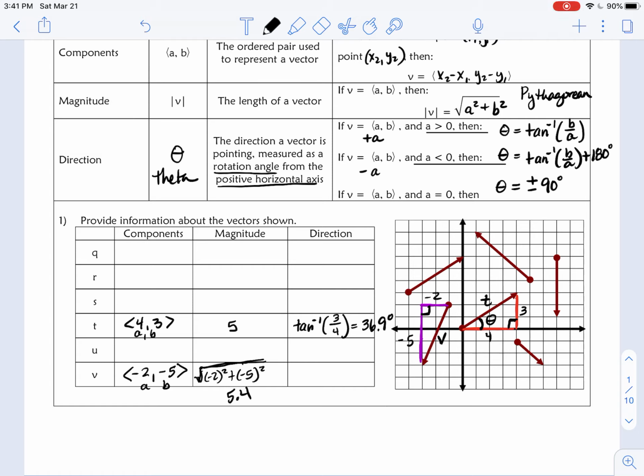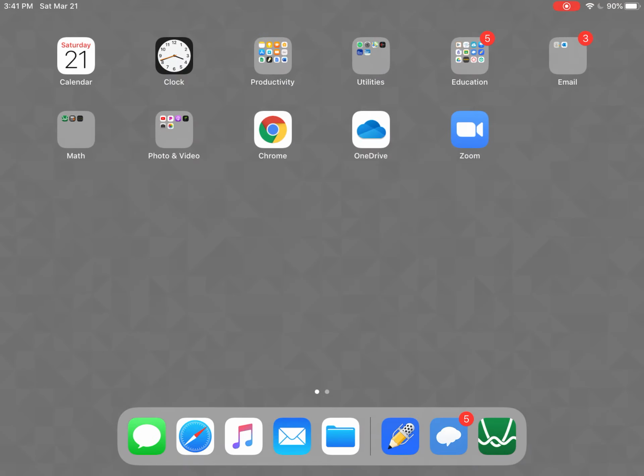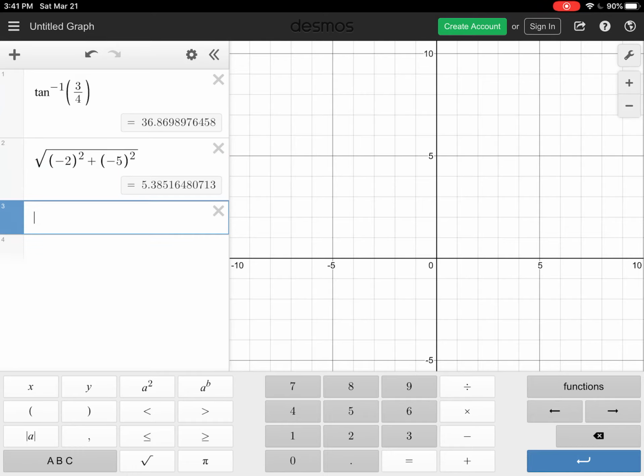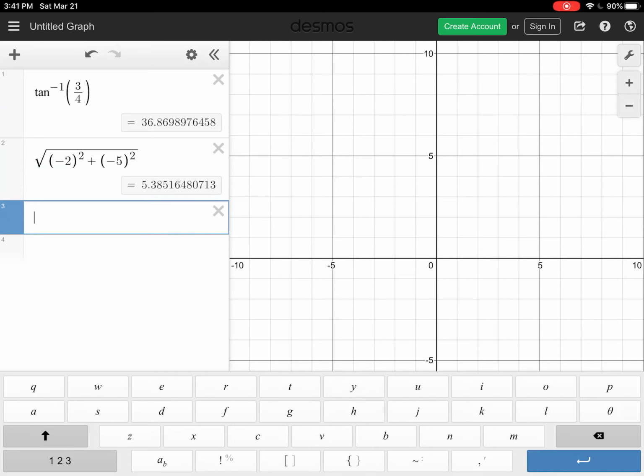The last thing I need to do is find the direction. Since my A value is negative, I'm going to have to add 180. So inverse tangent, the B value divided by the A value plus 180. Okay, so let's see. I'm going to type in the word tangent, raise it to the -1.